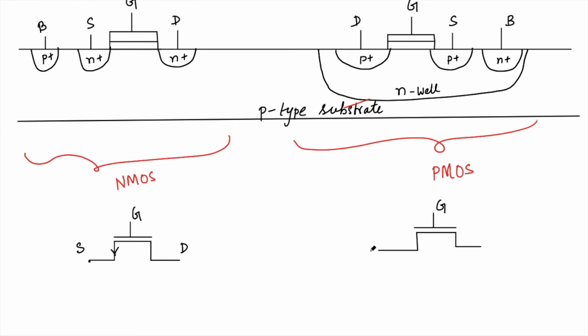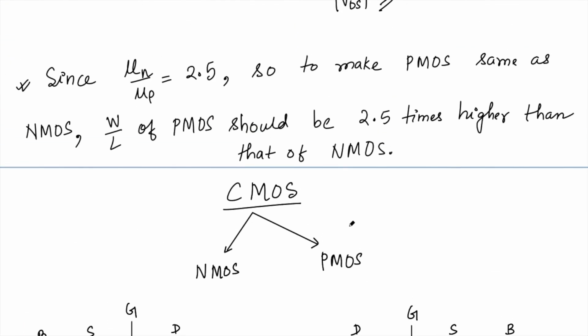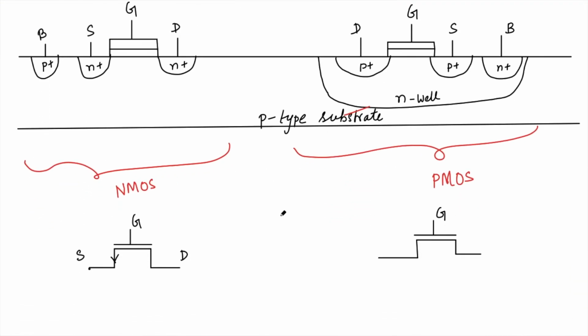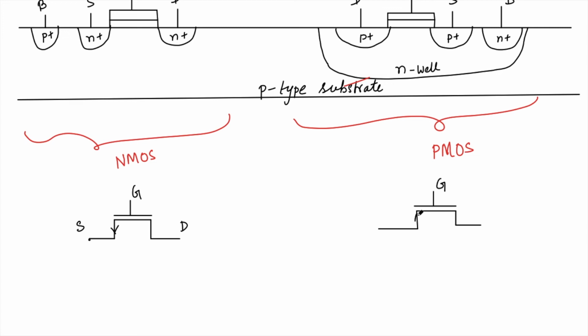Now if you remember, here we have seen that the current is flowing from source to drain, and the source terminal will be shown by an arrow. So this kind of arrow is used.